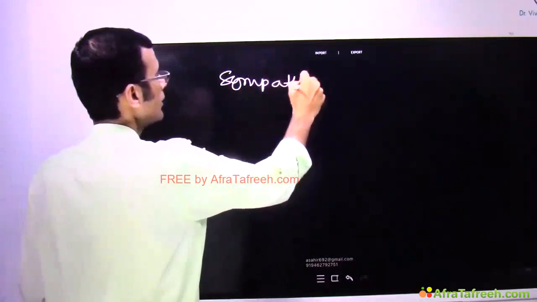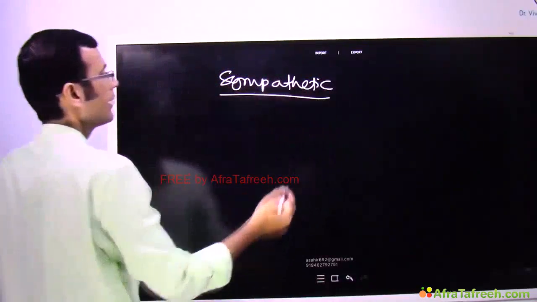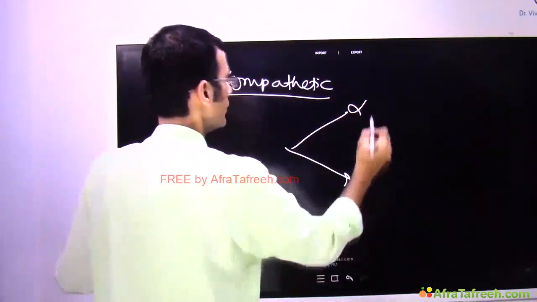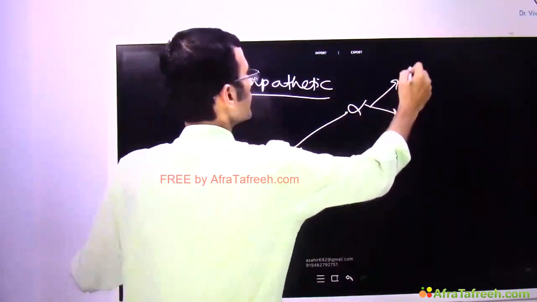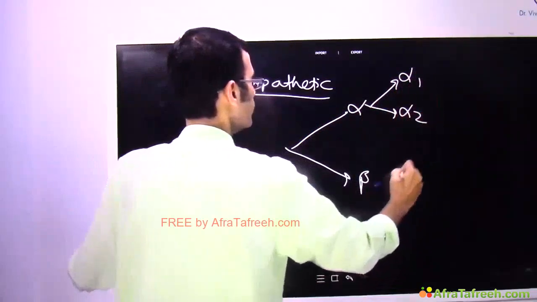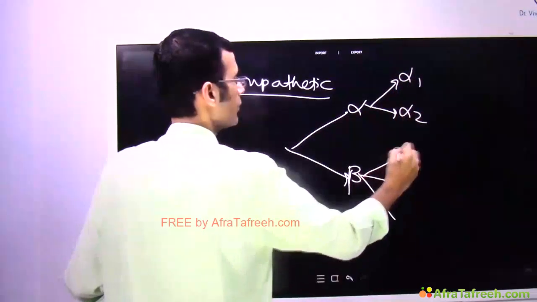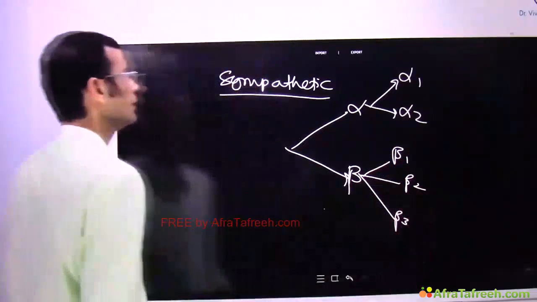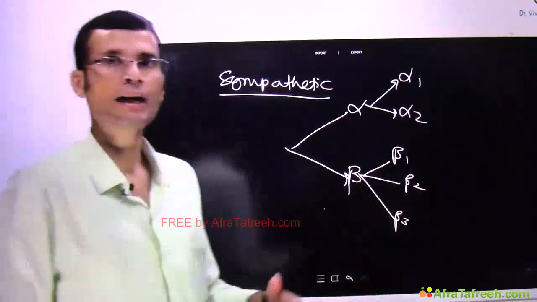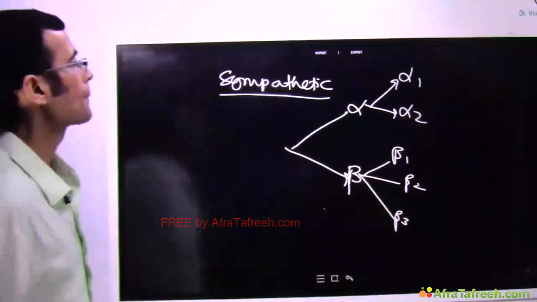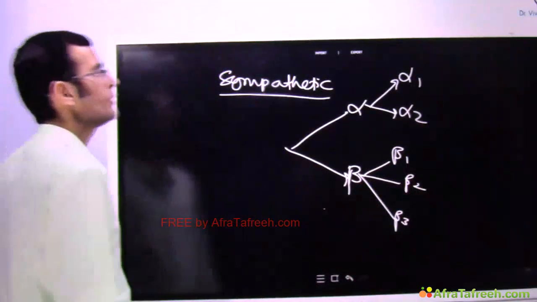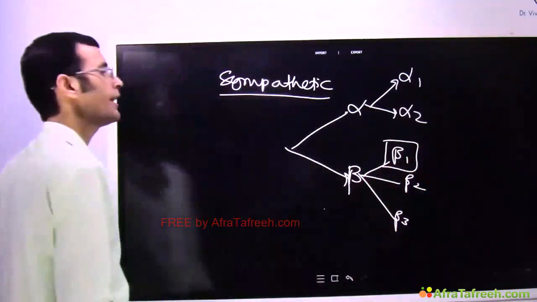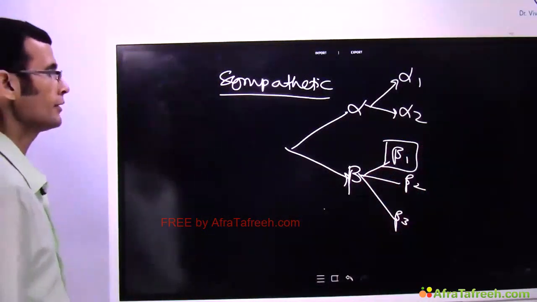For sympathetic nerves, adrenaline and noradrenaline have two types of receptors, alpha and beta, and in those too there are subtypes: alpha 1, alpha 2, and beta 1, beta 2, beta 3. These are the receptors for adrenaline and noradrenaline. Again, adrenaline mediates its excitatory effects via beta 1 receptors.